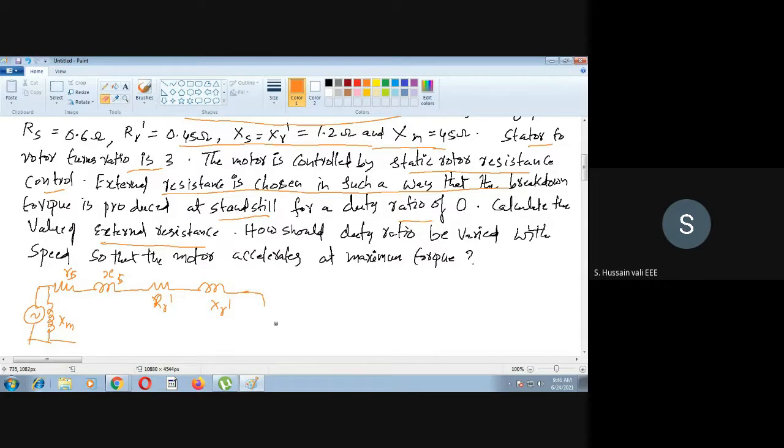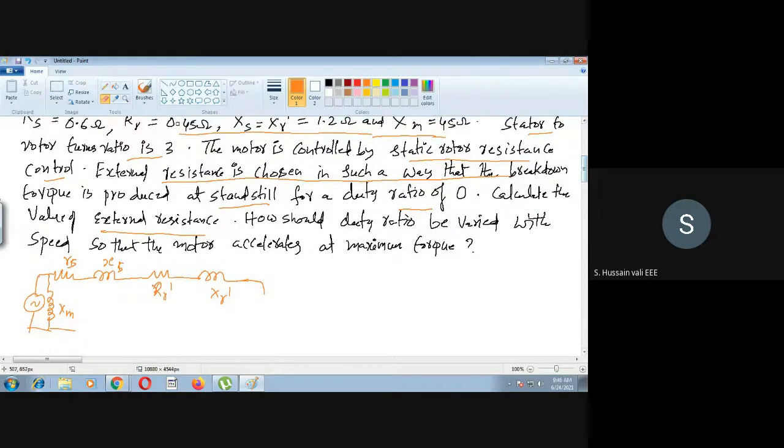Now we see how we will do this. Then after that you have some external resistance here.